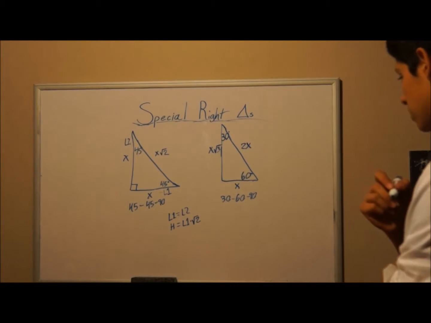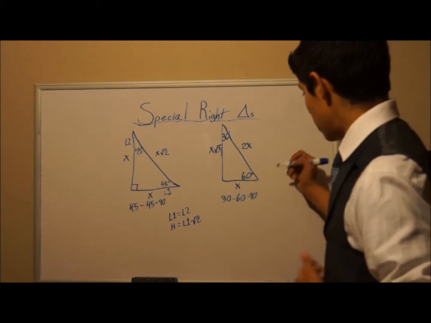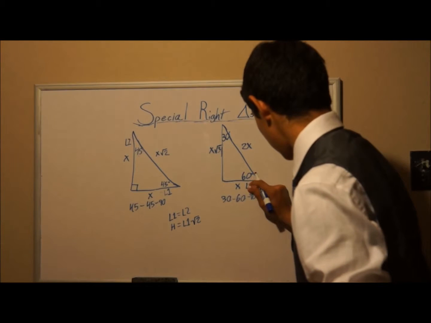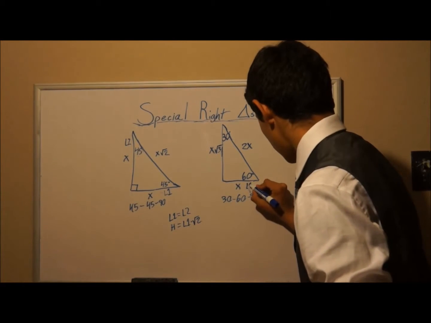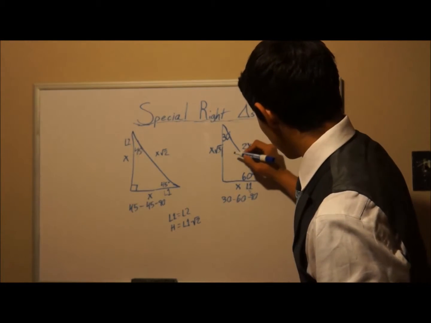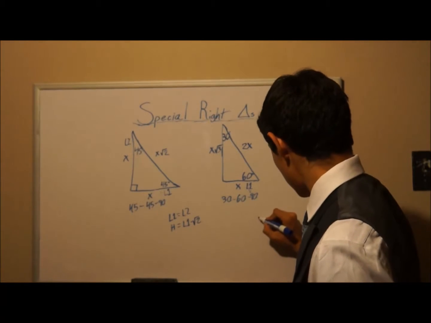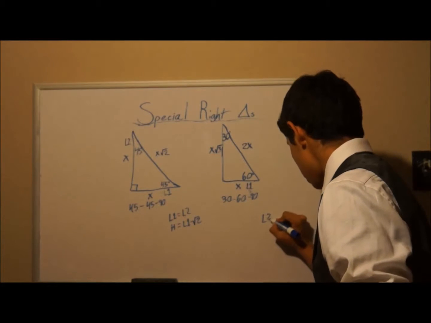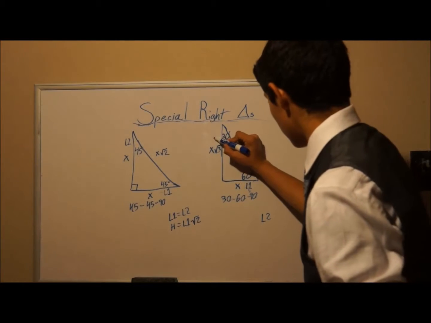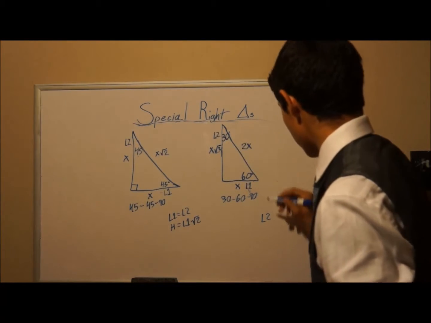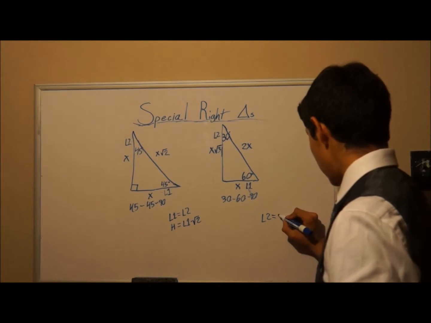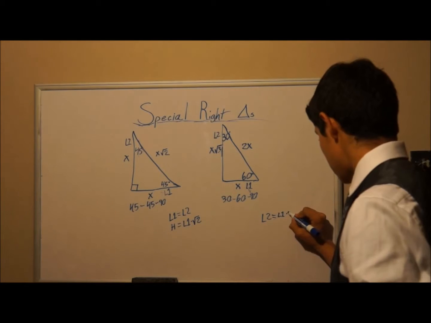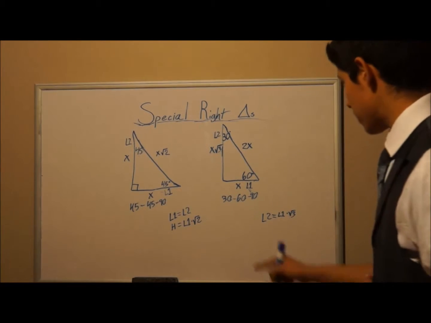Okay, let's go to the 30, 60, 90. We can do the same thing. L1 will always, okay, so L2, this is L2, will always equal L1 times square root 3.